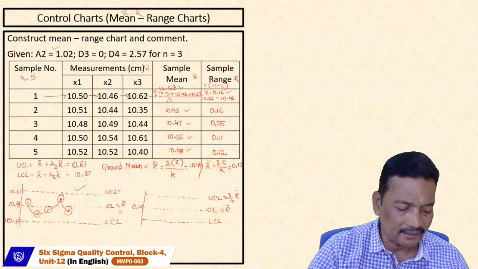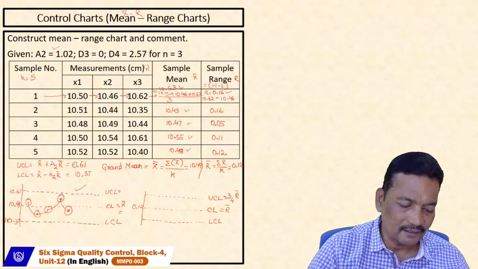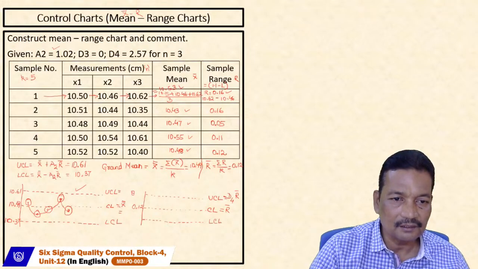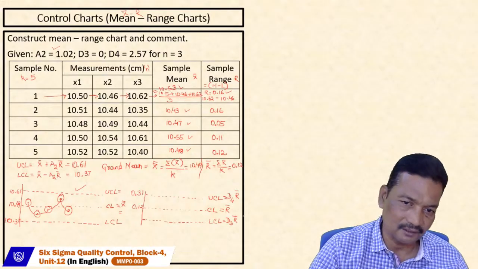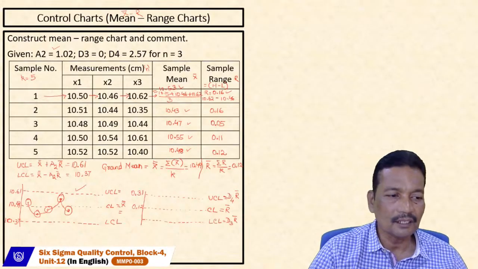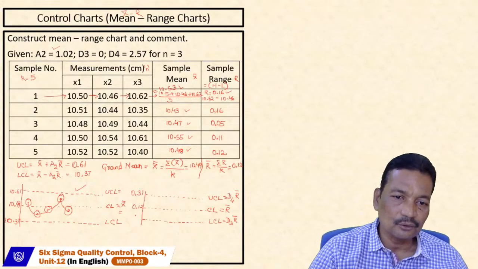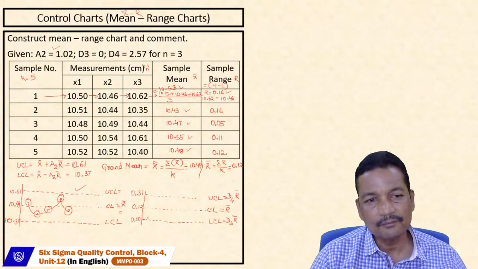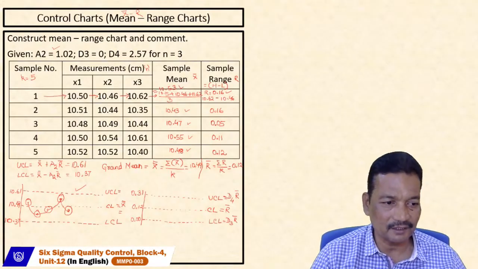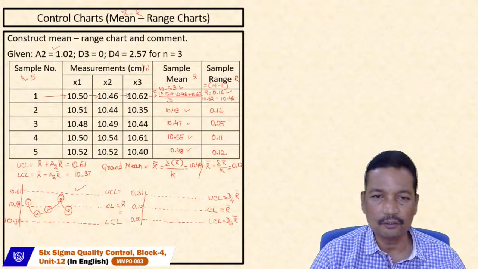So when I calculate it, we get the value as 0.31, and lower control limit is D3, still another constant based on number of items in the sample, into R bar. So D3 here is 0, so this is 0.00.